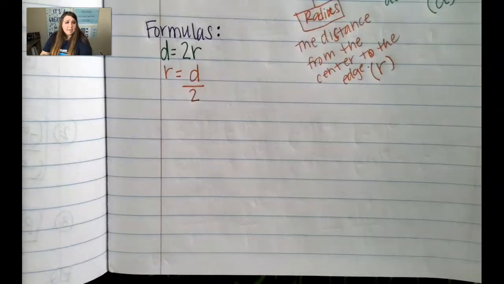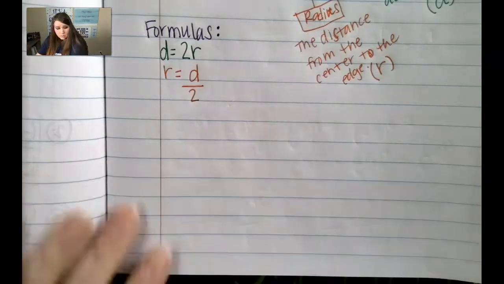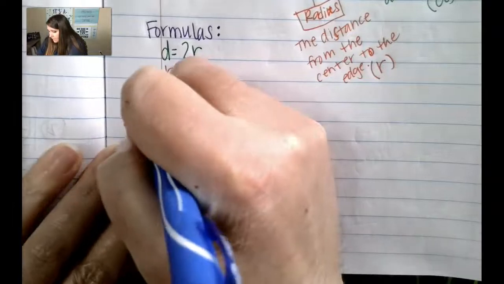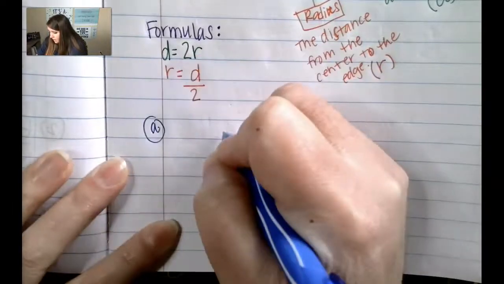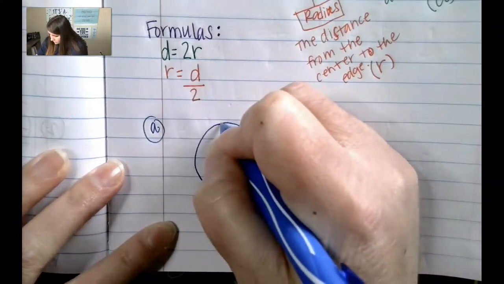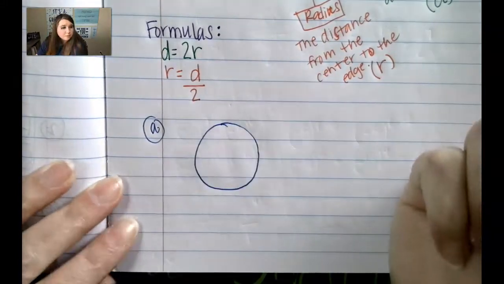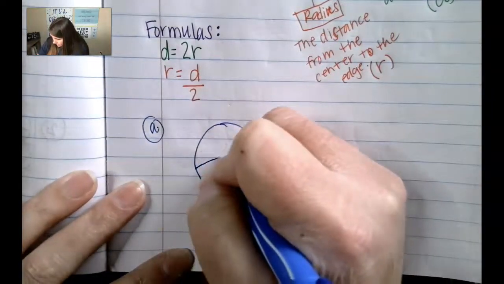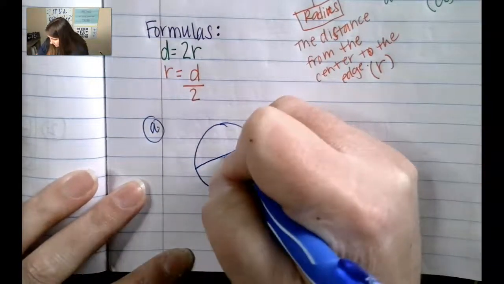So let's say that I have a circle. Let's do example A. In example A, I have a circle. Okay, so there's my circle. And my circle looks something like, oh no, I missed the middle.